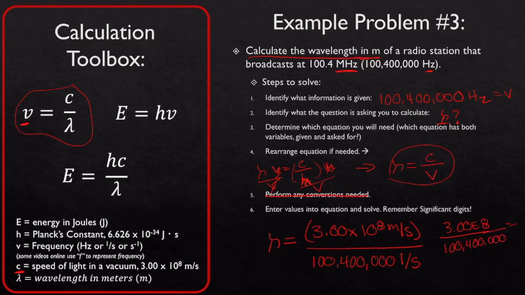Then I'm going to get a wavelength equal to 2.99 meters. And I just want to make sure that I did my significant digits correctly. So I'm looking at the coefficient here for the speed of light has 3 significant digits. This number right here has 4 significant digits, and so I should have 3 in my final answer. So wavelength is equal to 2.99 meters.